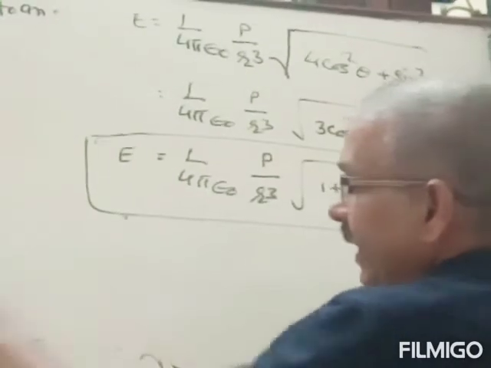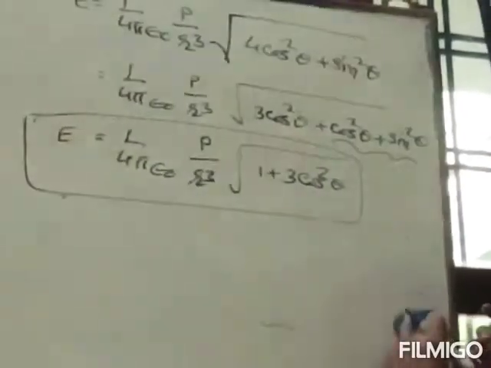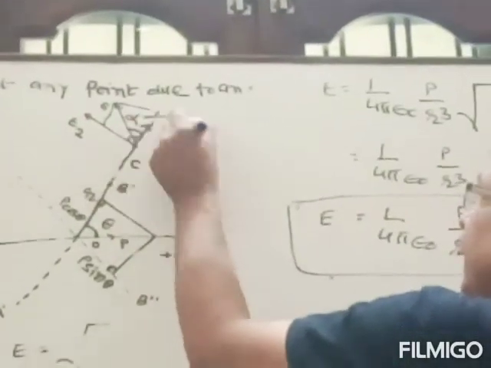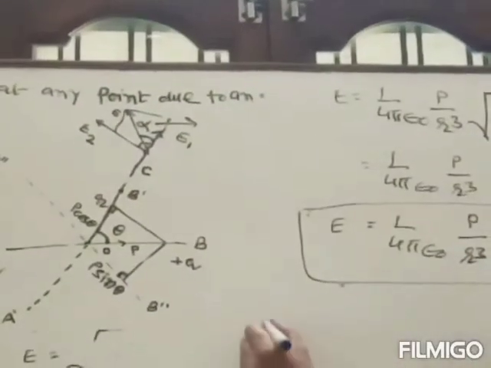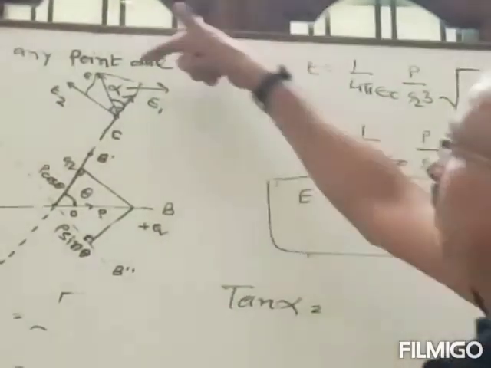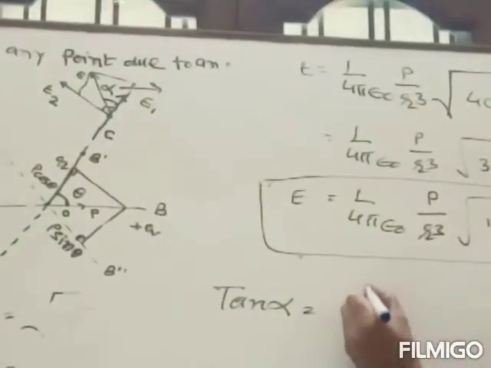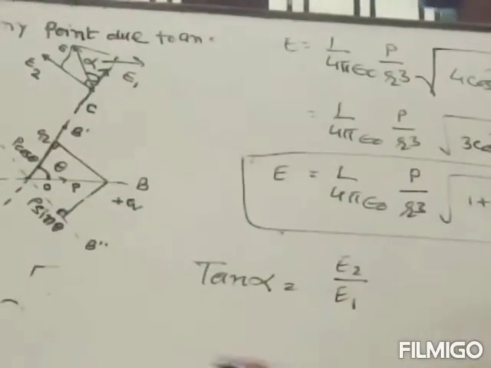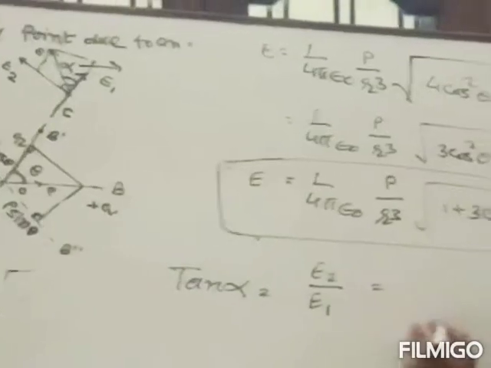And what is its direction? If we take tan alpha in this triangle, tan alpha is equal to perpendicular by base, which is E2 by E1. What was E2?